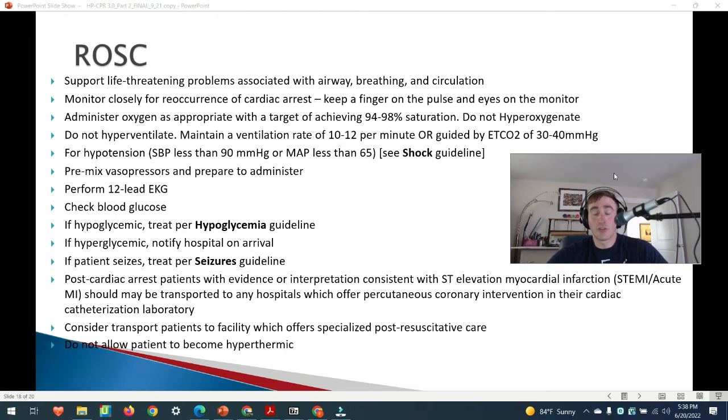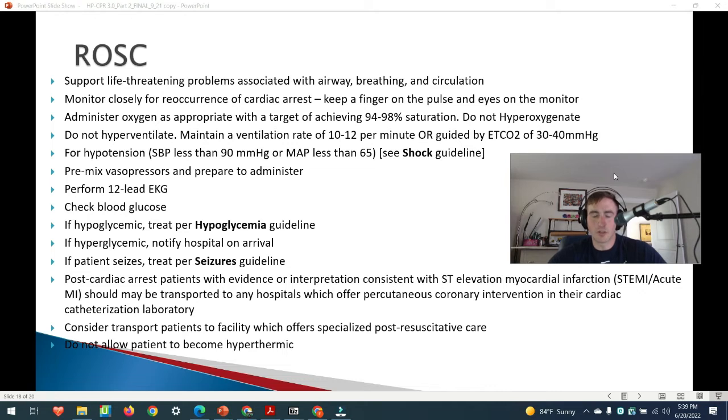And if you put them on the mechanical ventilator, I would lower the minute volume on that. If the blood pressure is low, treat it. Our goal is to maintain the systolic more than 90. Systolic needs to be more than 90.